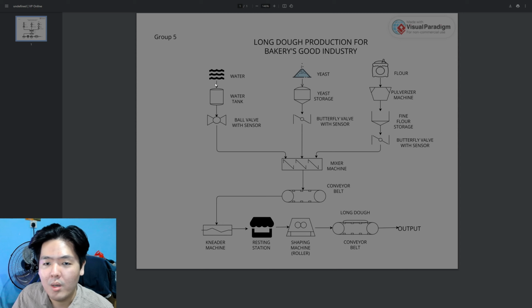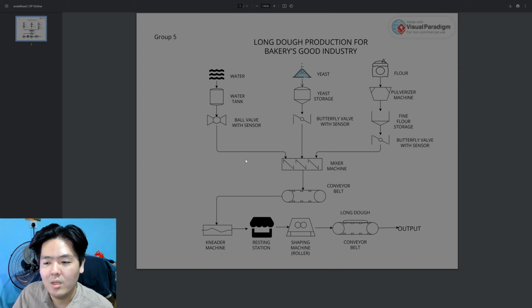Let me go through one by one. Generally, we have three raw materials, which are water, yeast, and flour, and each of them has their own dedicated storage: a water tank, yeast storage, and fine flour storage.